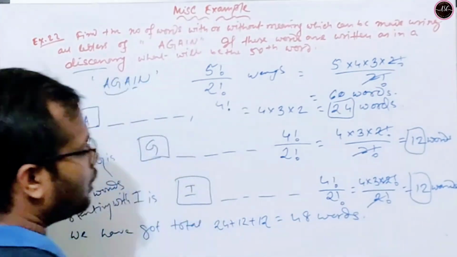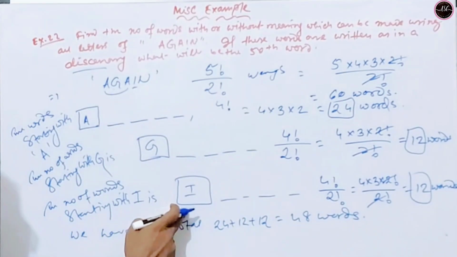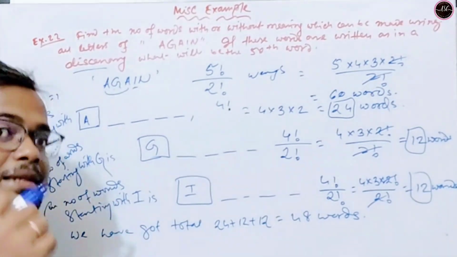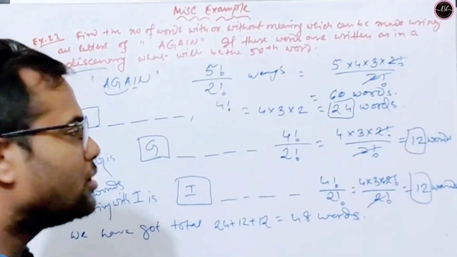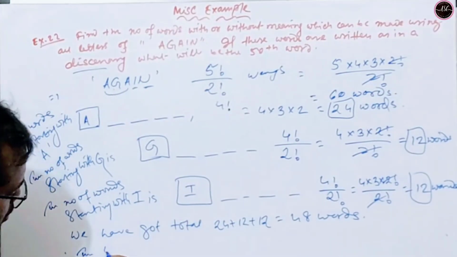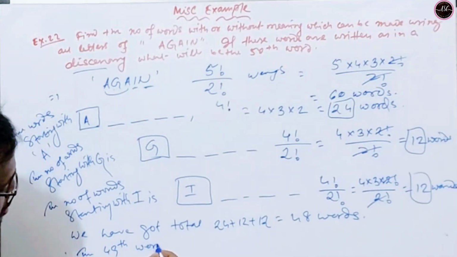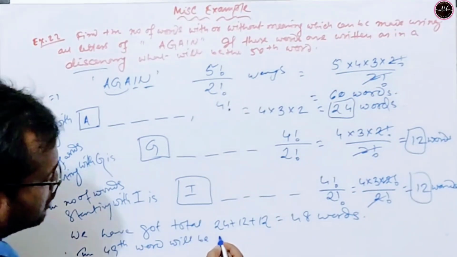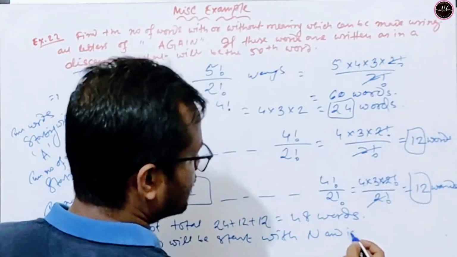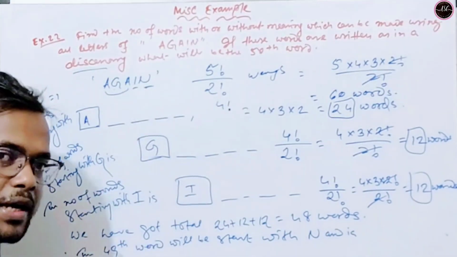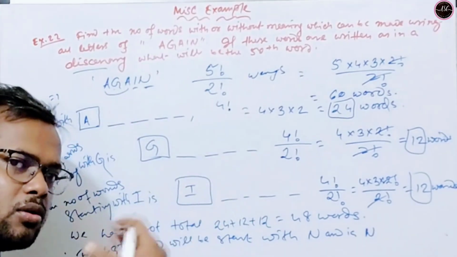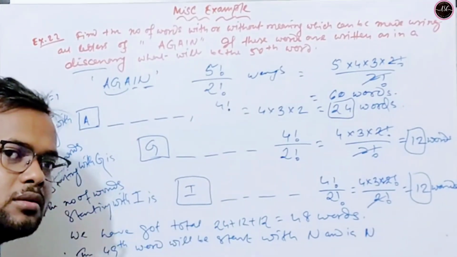Okay. Now up to I we have got all the words. So the next word will start with N. So the 49th word will start with N, and we write N, and in the dictionary the alphabetical order is selected.